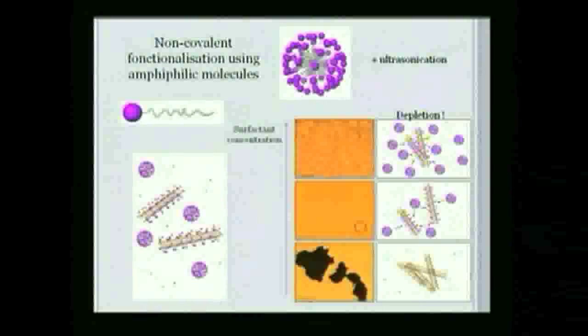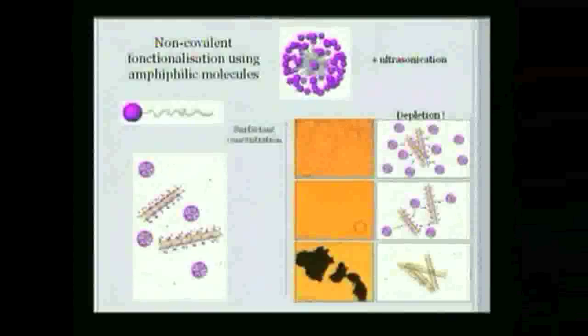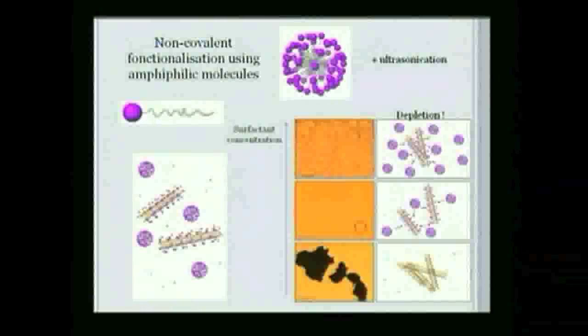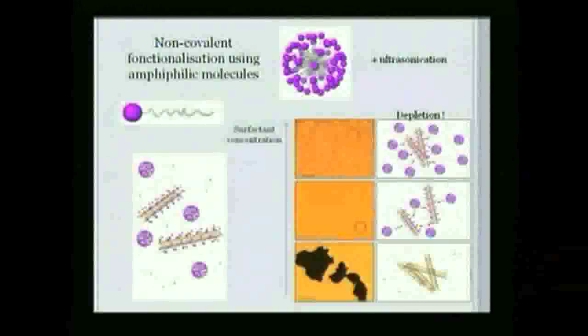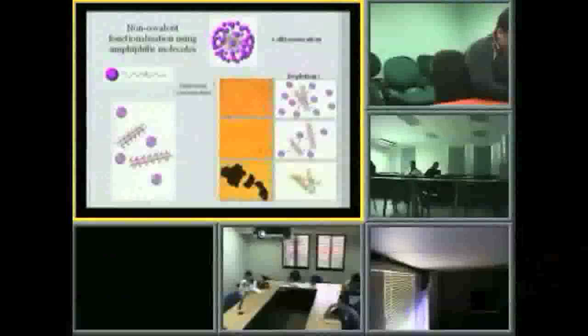There are examples where you are in a cylindrical phase and try to make your synthesis in it, but because of the synthesis, you lose your cylindrical surfactant phase. So it's not so easy.